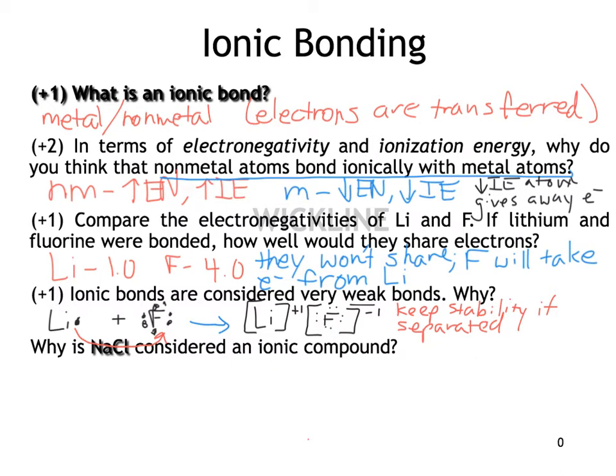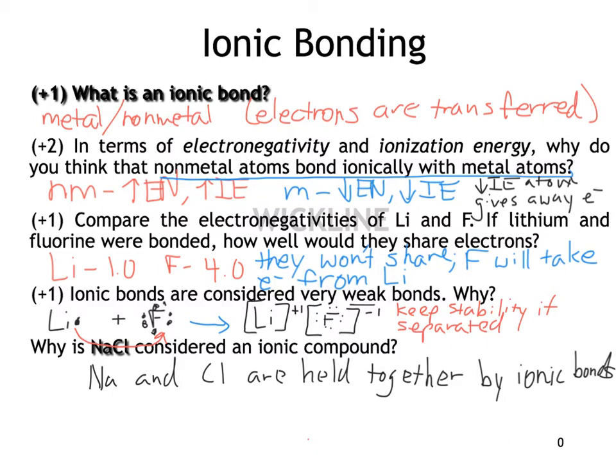So lastly, it says, why is NaCl considered an ionic compound? In short, NaCl is considered an ionic compound because it has elements, sodium and chlorine, that are held together by ionic bonds.